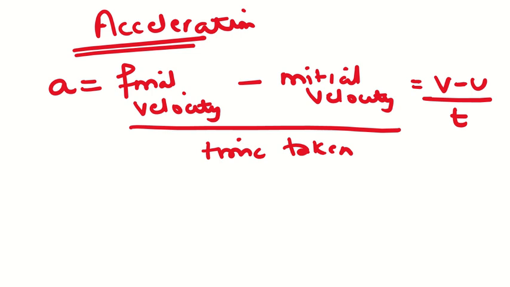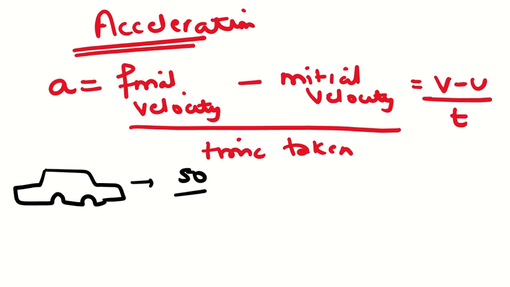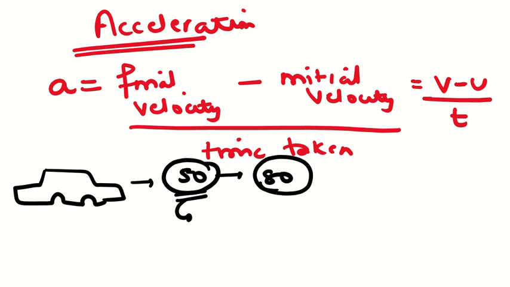So, for example, I take the same case of the car, right? I have been drawing the car way too much, but let's take it. First the speed was 50 kilometer per hour, and then the speed changed to 80.